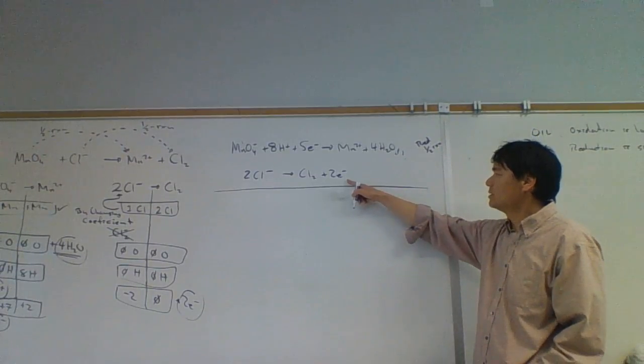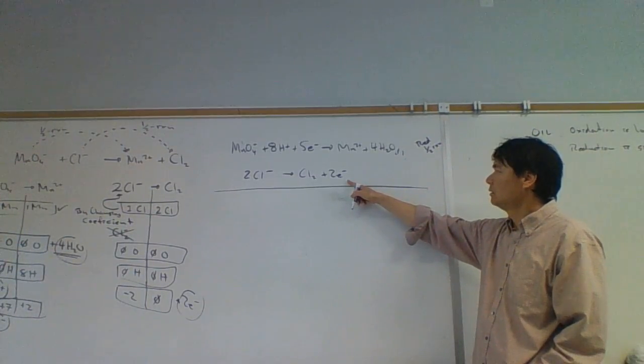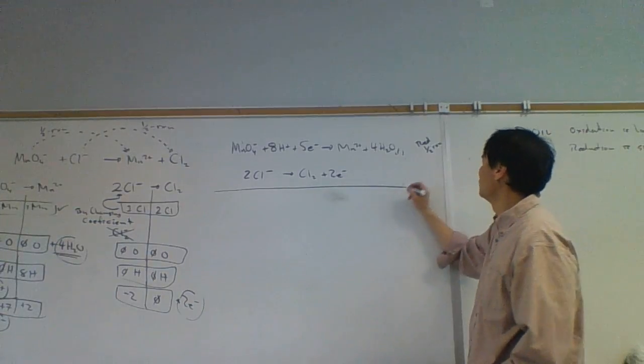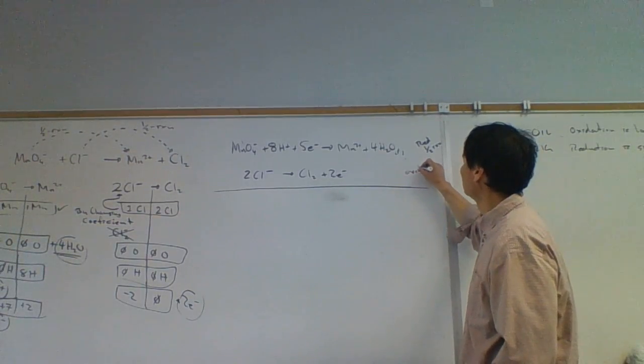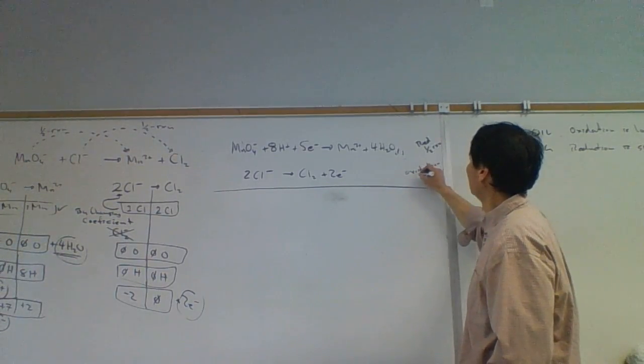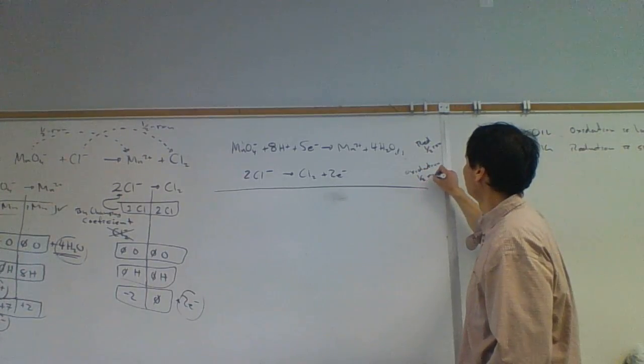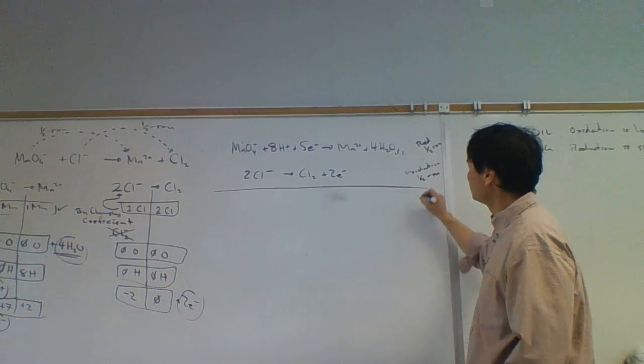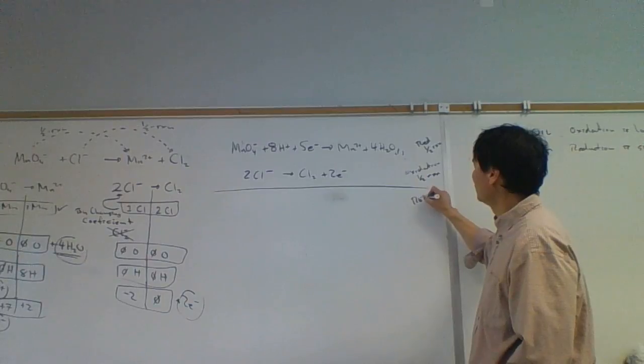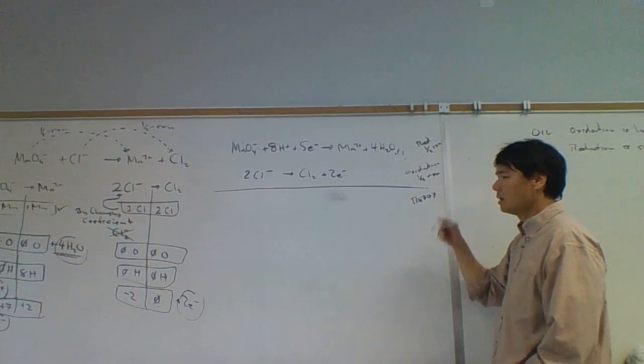And this one is the loss, so this is the oxidation half reaction. When we combine them, we get the net redox reaction, reduction oxidation.